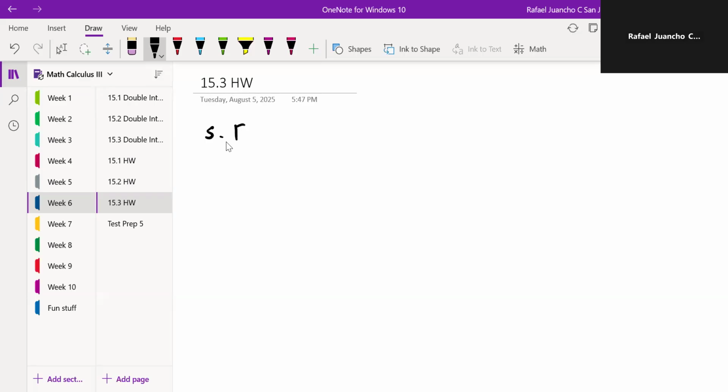So here we're being asked to find a Cartesian equation of some curve. And what is that? So r squared is equal to 14.